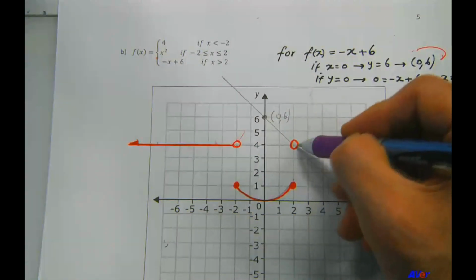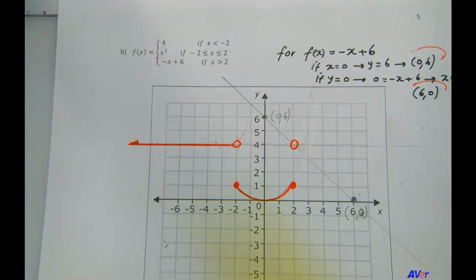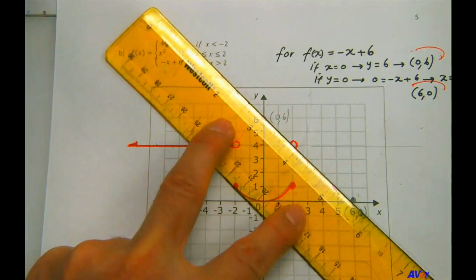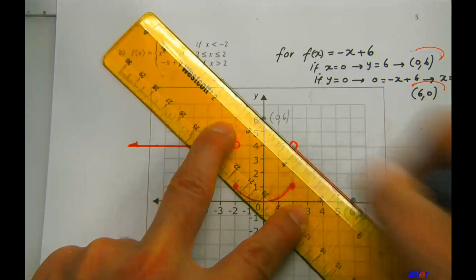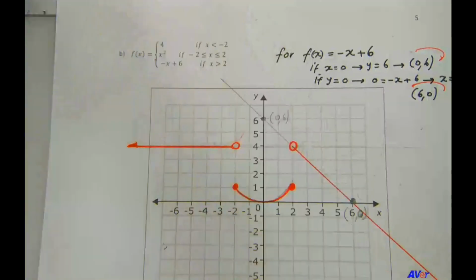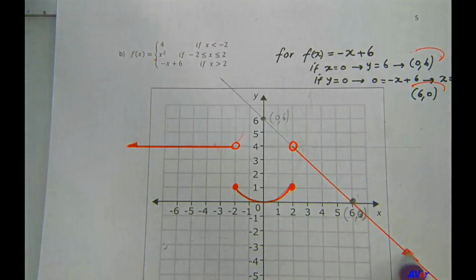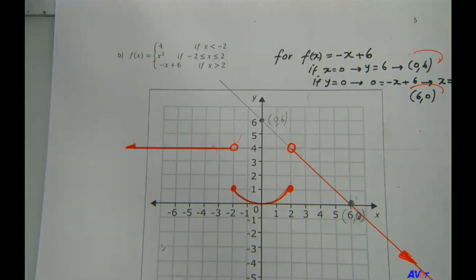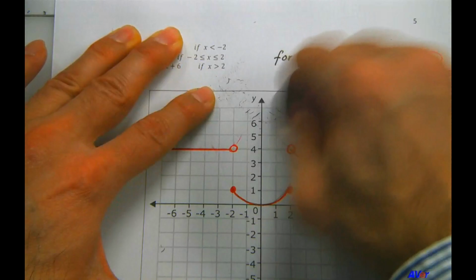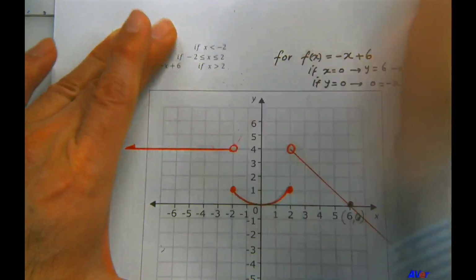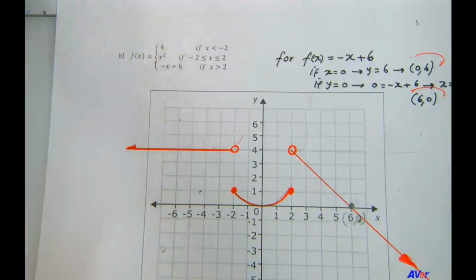So I'm going to put a hollow circle there, and I'm going to complete the rest of this graph. Like that. So that means I'm going to erase that piece as well. All of that doesn't matter. Okay.